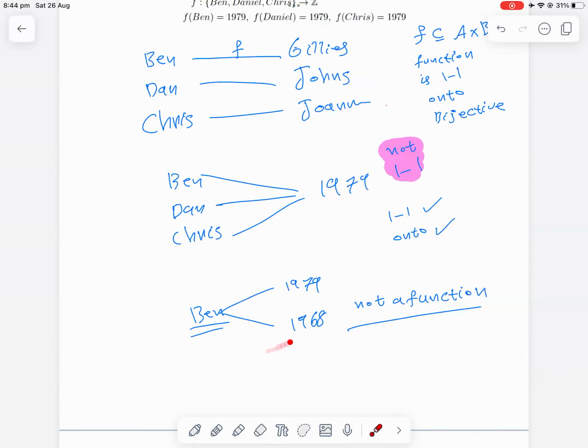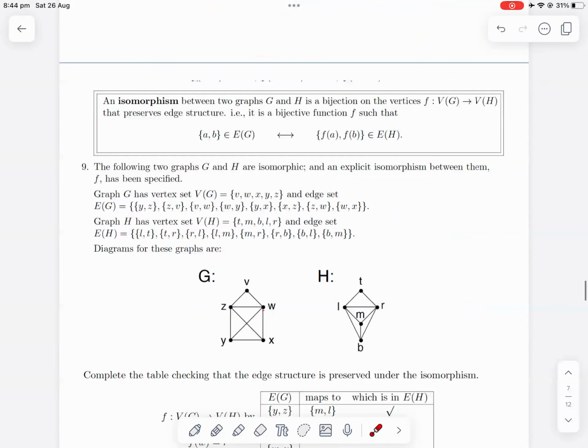And this is not a function because one input gives sometimes this output, and sometimes that output, which is not good.